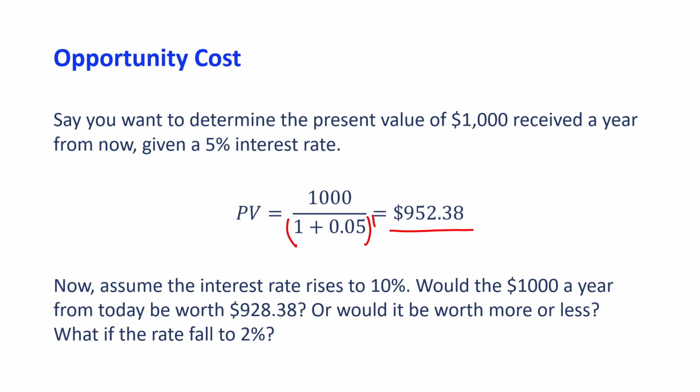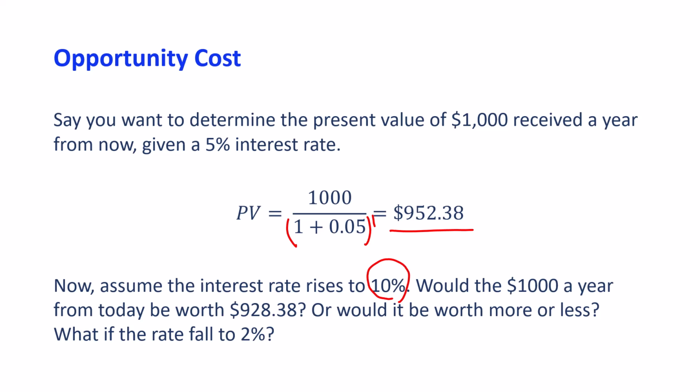Of course, if the interest rate is 10%, that means that your opportunity cost is higher. So you would punish that cash flow, that $1,000 that you will receive a year from today, more heavily. So the present value at 10% is going to be much smaller than this $952.